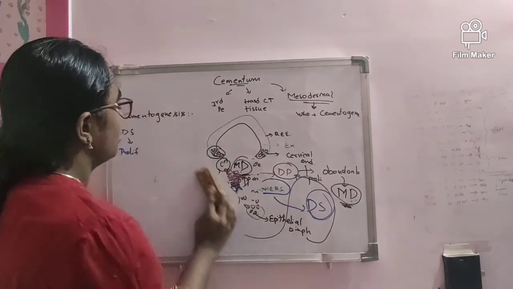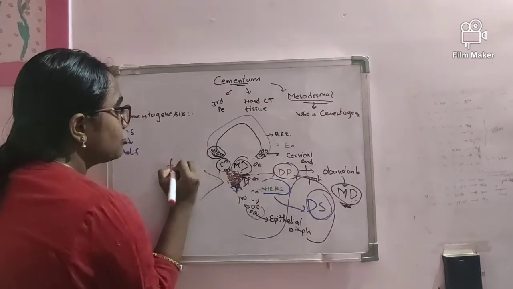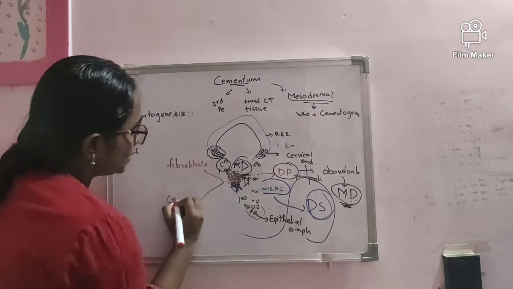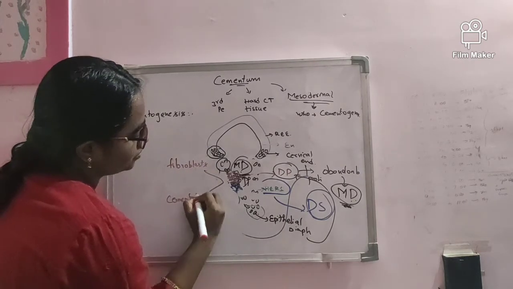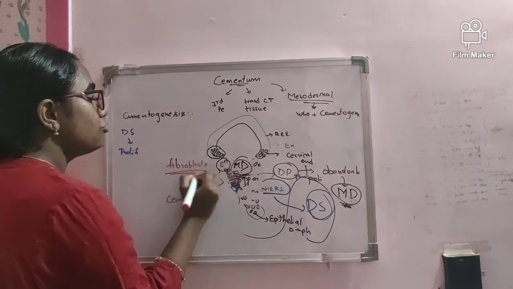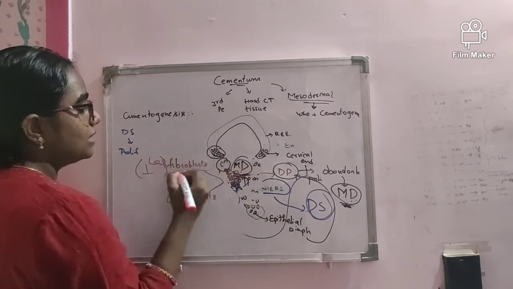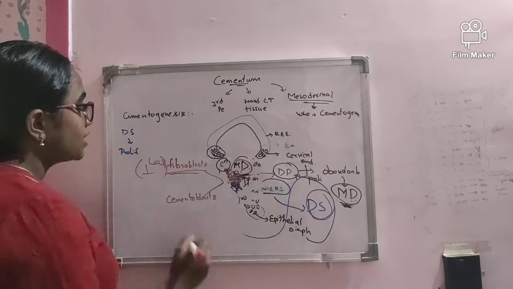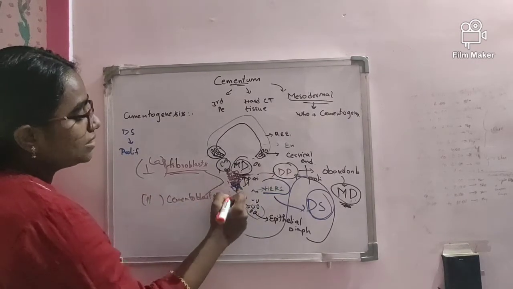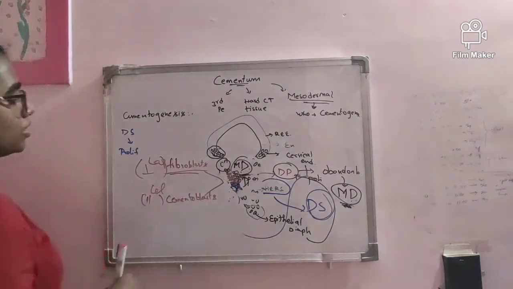and this leads to the formation of two different kinds of cells called the fibroblasts and the cementoblasts. The fibroblasts are found where these cells are held perpendicular to the mantle dentine, and the cementoblast cells are formed where these cells are held parallel to the mantle dentine.